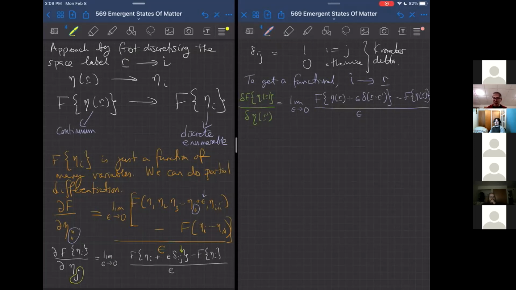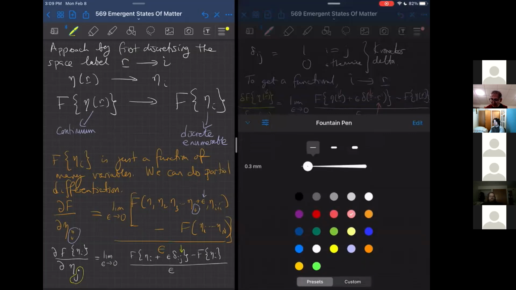Now we've gone to a continuum, so the label j has now become the label r prime, and over here we tell you what we're differentiating with respect to. So it's very important when you write down such a differentiation that you have these labels in it.